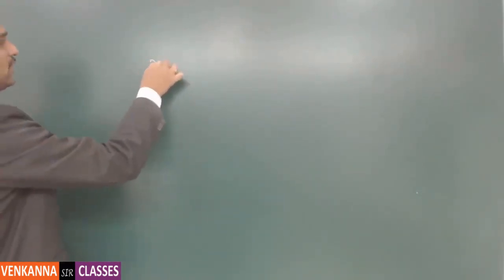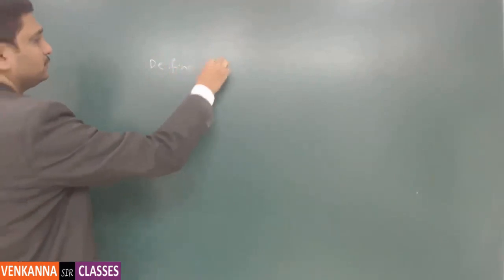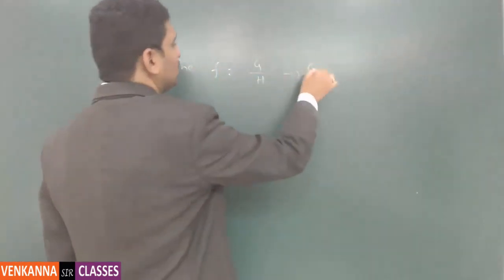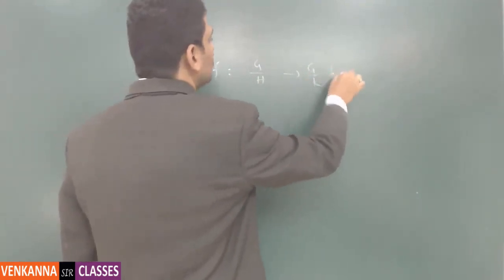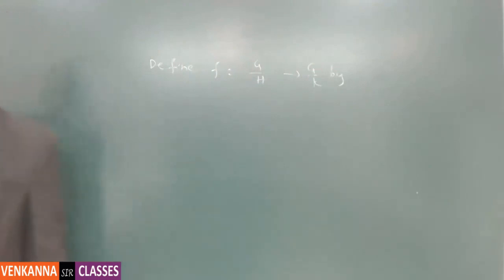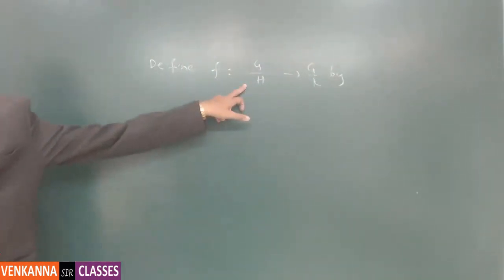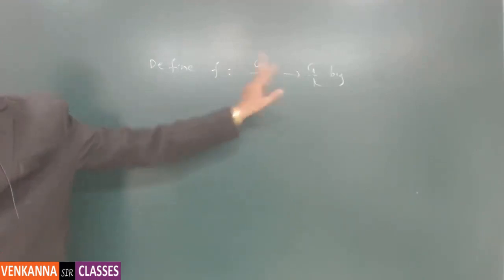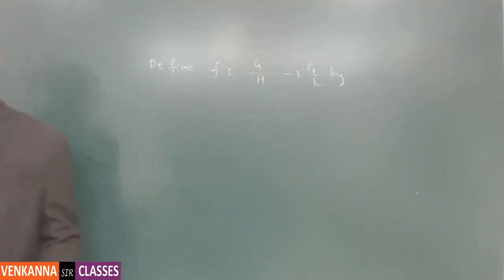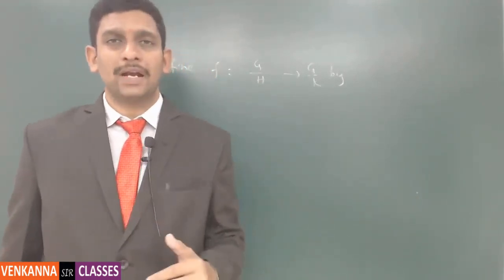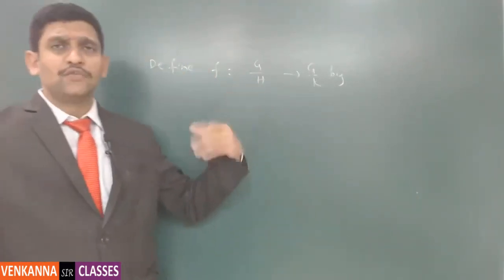So in the first phase, I am going to define the function f from G/H to G/K. Now understand, this is a quotient group. It is also a quotient group. In the quotient group, how would the elements pattern be?